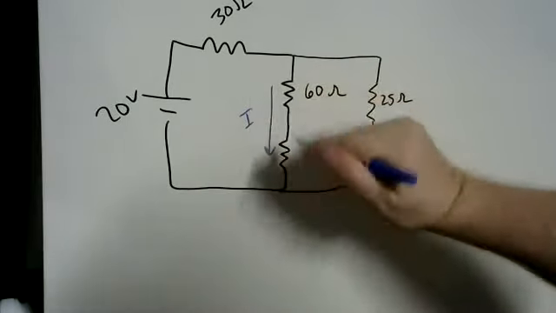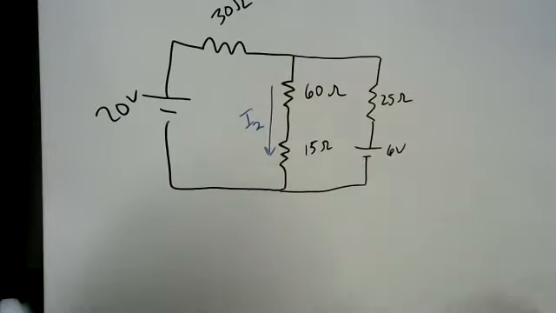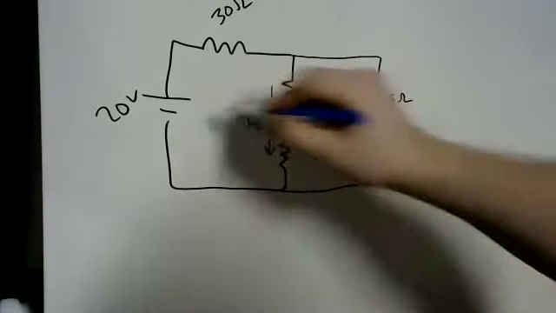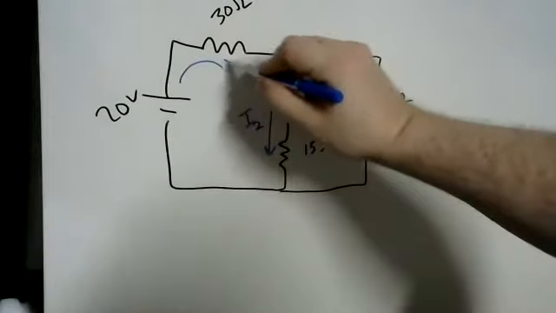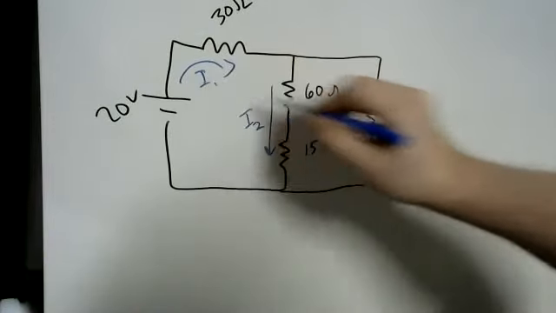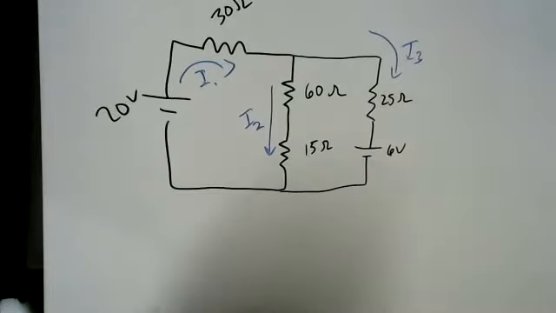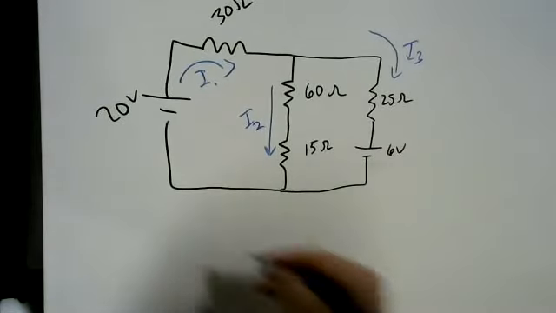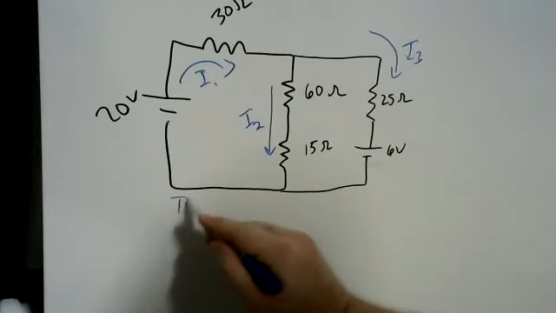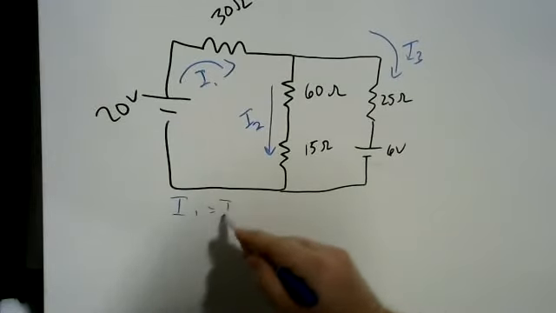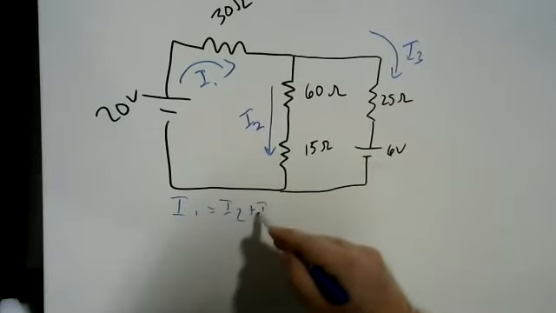Then this current going this way is I1, and the current going this way is I3. That gets us the equation I1 equals I2 plus I3.